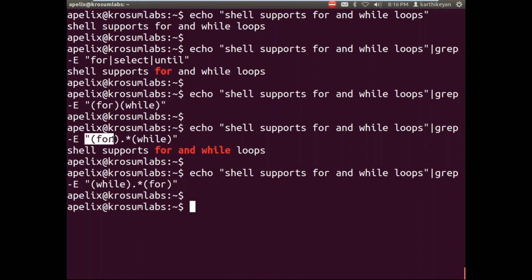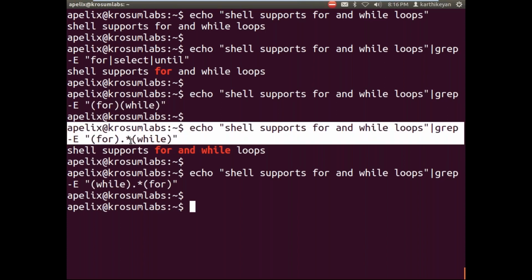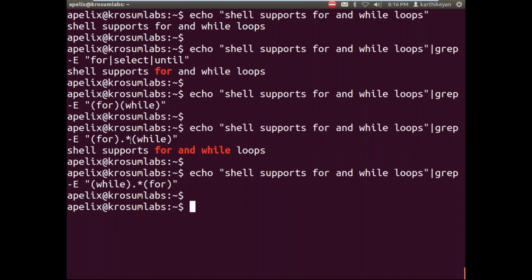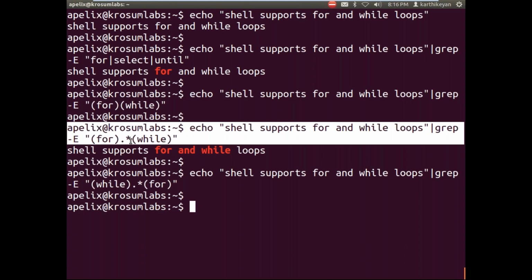But here it is for, followed by a list of anything, then followed by while. So a list of all means everything will get matched. For this kind of condition-based matching we can use the round bracket. The compound looks like a logical AND operator: both the conditions get matched, true with true, that will be true.